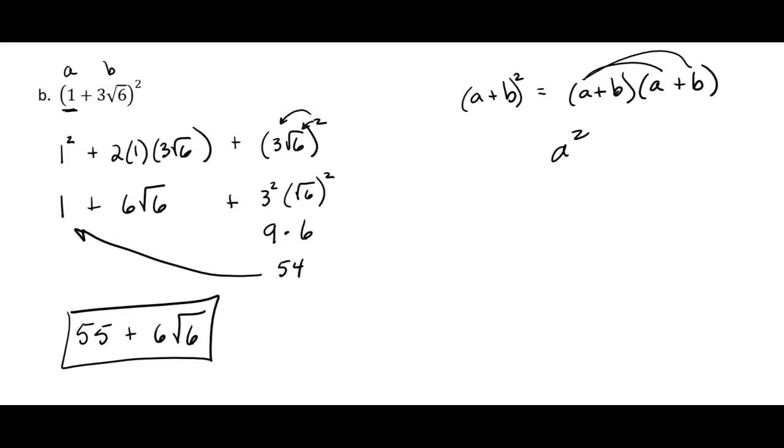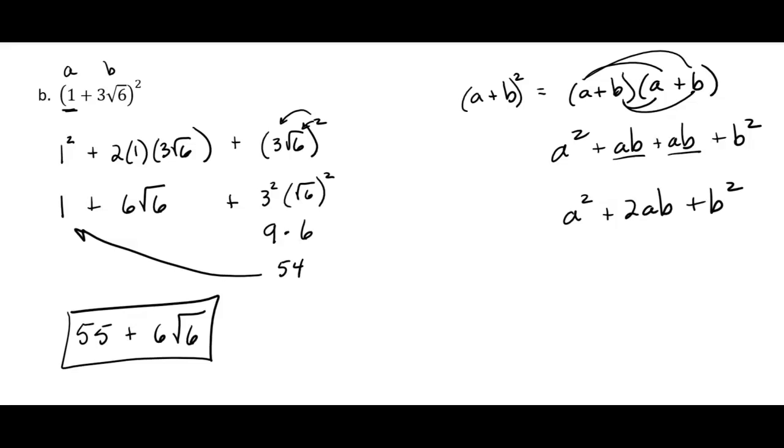I get an ab. I get another ab. And then I have b times b, which is b squared. So then when I simplify, I have a squared, but because there's 2 of these, that's where the 2ab comes from. Okay, so I didn't show you that on the previous video, but hopefully that's making sense and helping.